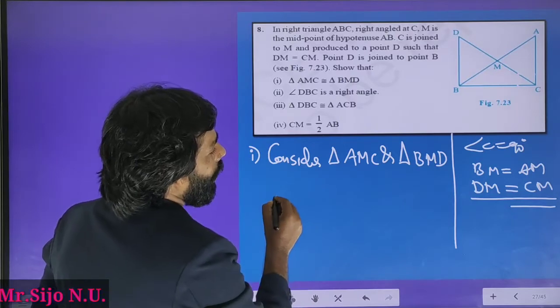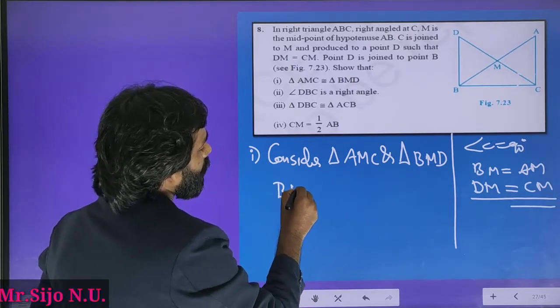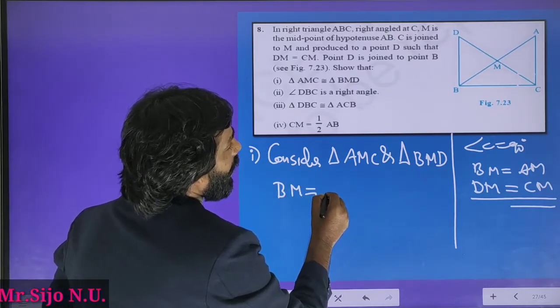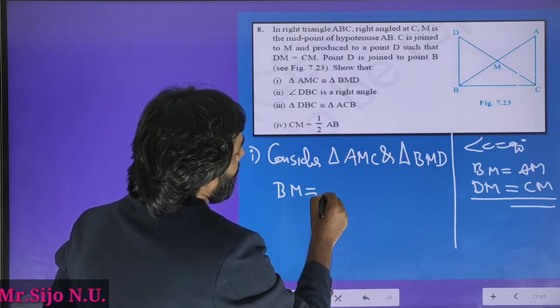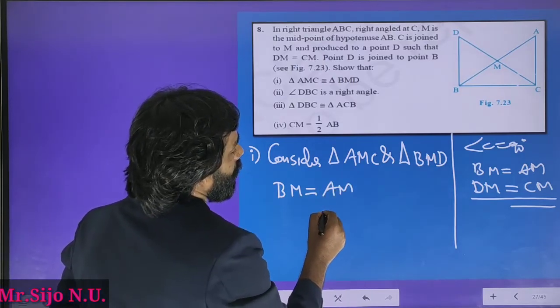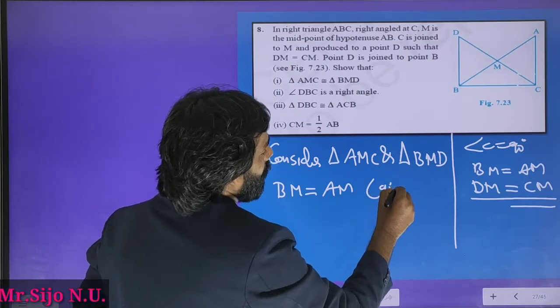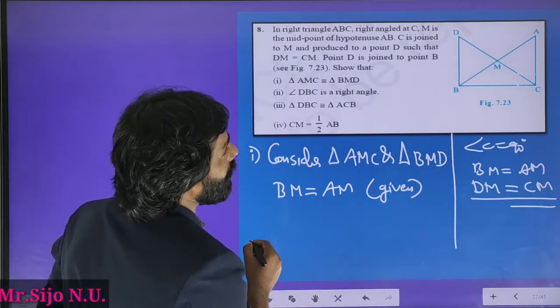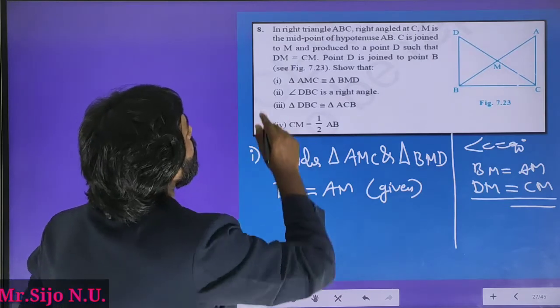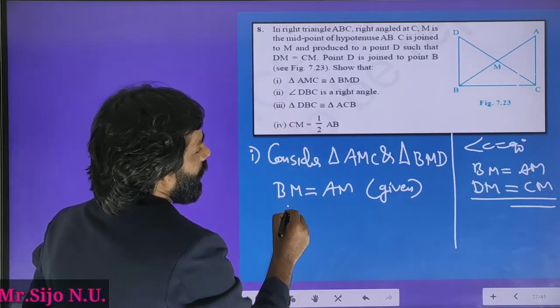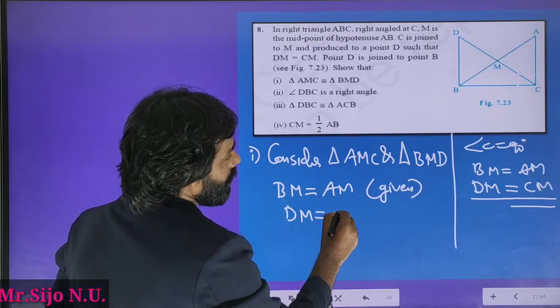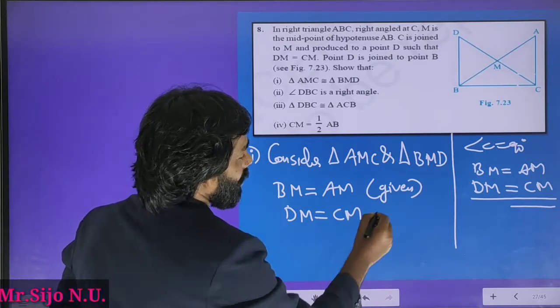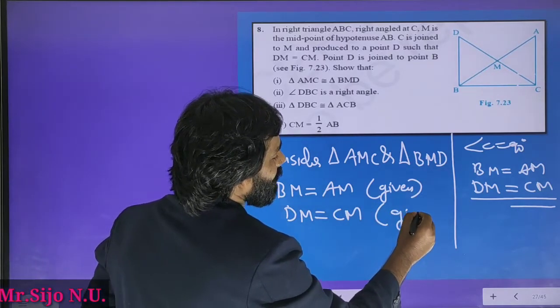BM equal to AM. The reason is what they have given, otherwise we can write M is the midpoint. Then DM equal to CM. What is the reason? That is given.